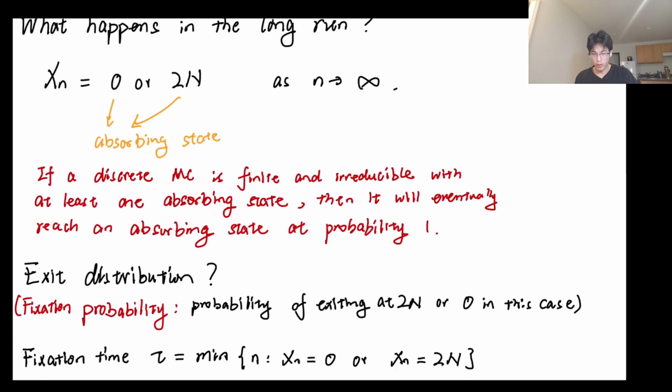Let's define the first thing. The fixation time. This tau, this small tau, is the fixation time, or stopping time or exiting time if you have studied it under different terminologies. This is the minimum number of generations we need to take in order to reach 0 or 2n.